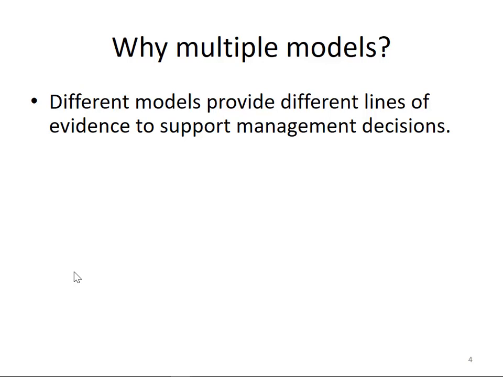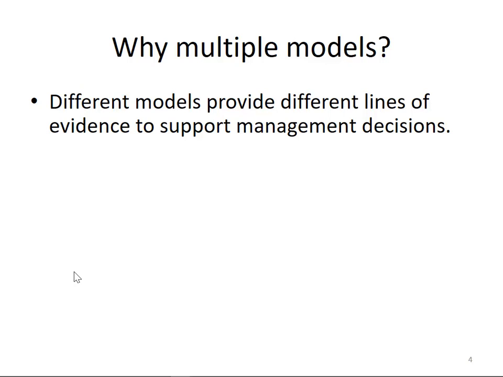For example, if I have a statistical model that's data-driven and the data suggest one outcome, and then I have a mechanistic model that's based more on a large number of mechanistic processes, and it suggests an outcome as well, hopefully those two outcomes from these two different models are going to agree with each other.